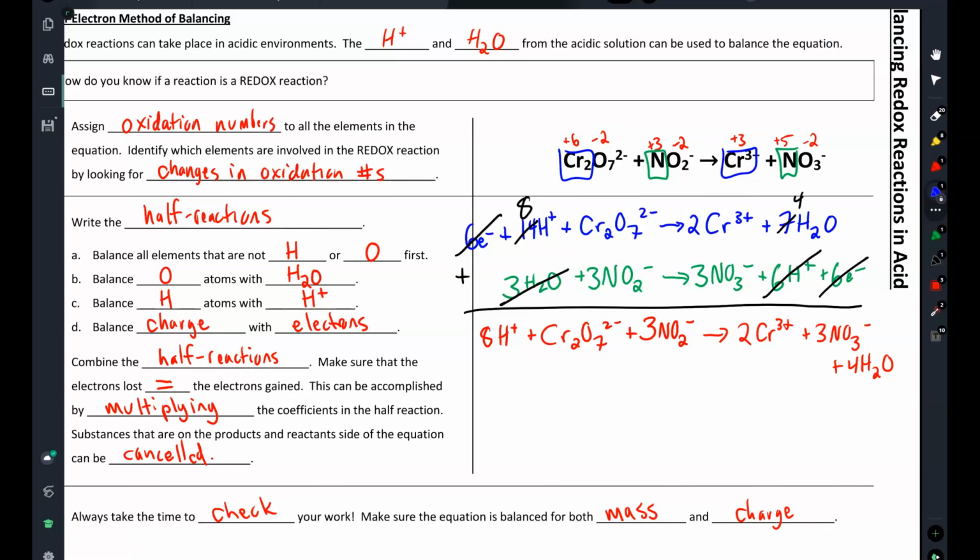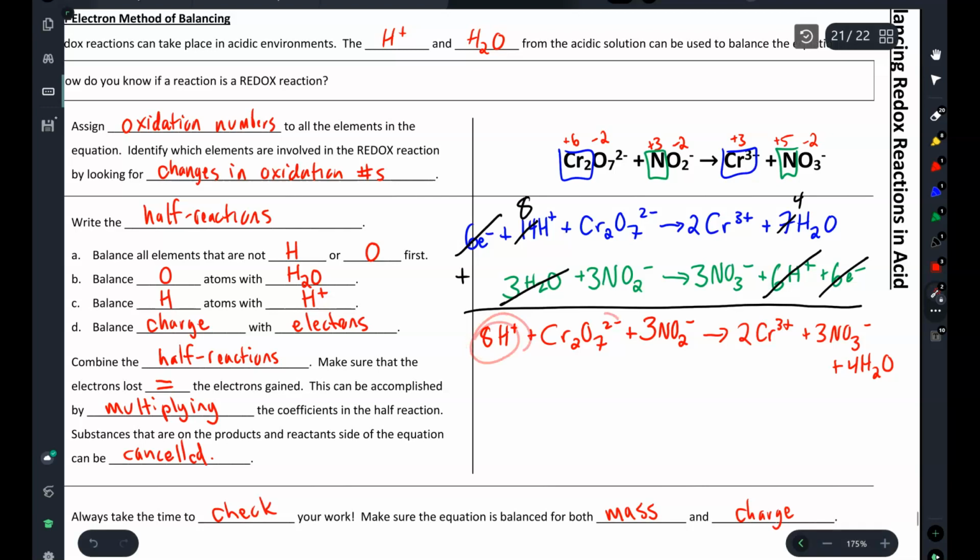8 hydrogens. I've got 4 times 2, 8 hydrogens. Those check out. 2 chromiums, 2 chromiums. 7 oxygens plus 2 times 3, that gives me 6. So 13 oxygens. 4 times 1 is 4. 3 times 3 is 9. 9 plus 4 is 13. So far, so good. 3 nitrogens and 3 nitrogens. I am balanced for mass. Let's look at charge.